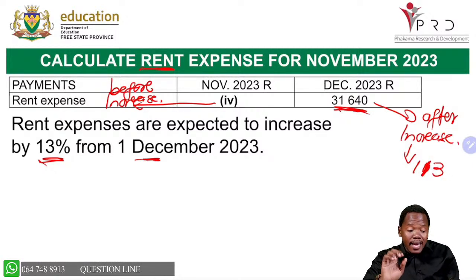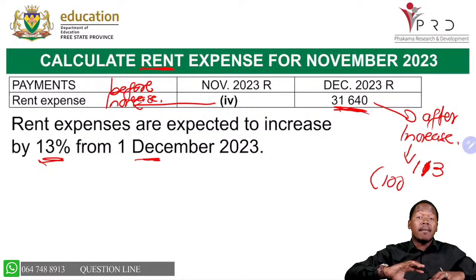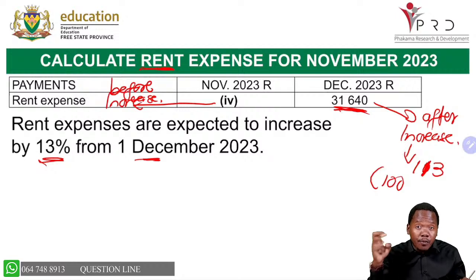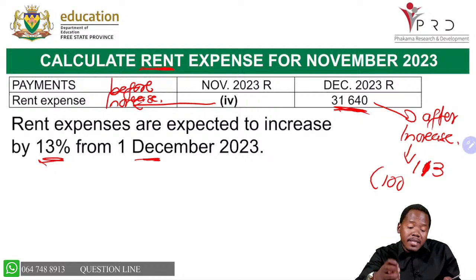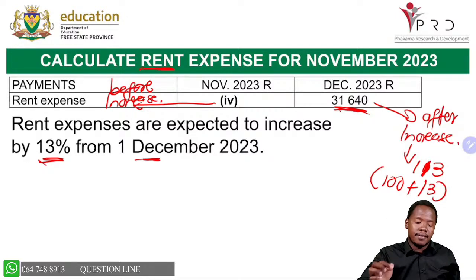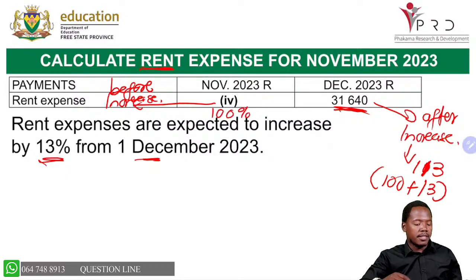Okay? Where is 113 coming from? It is the 100%. Remember, if something has not increased or decreased, it remains at a full percentage. What is the full percentage? 100. So 113, we got it by saying 100 plus 13. What is before increase? It is 100%. Now let us look at this.